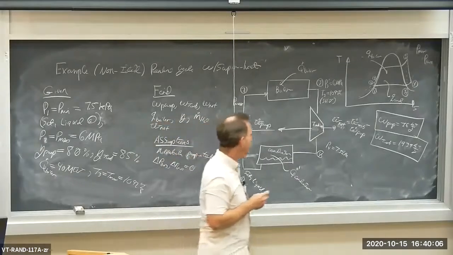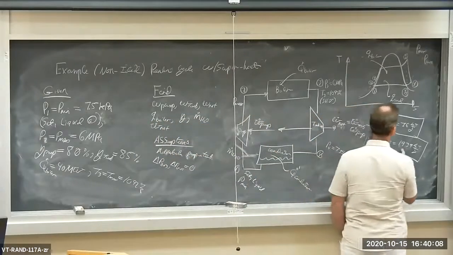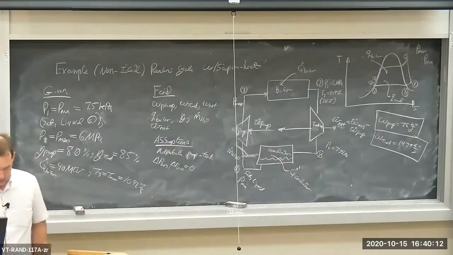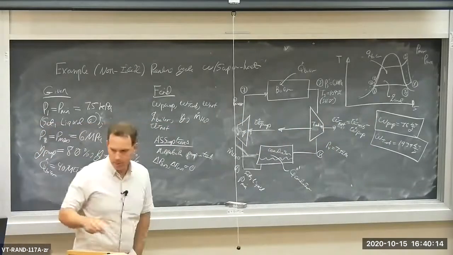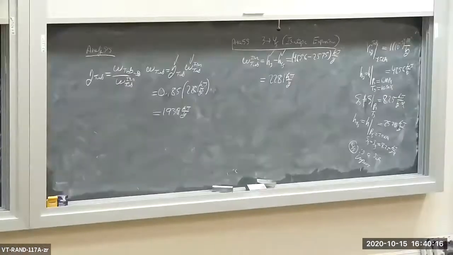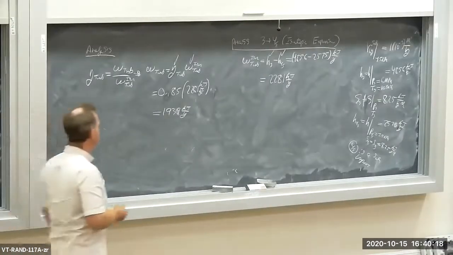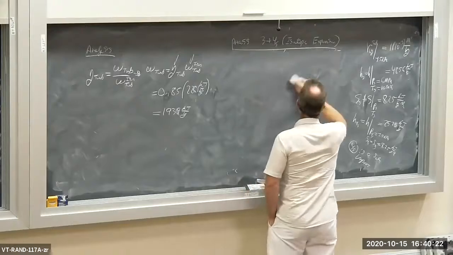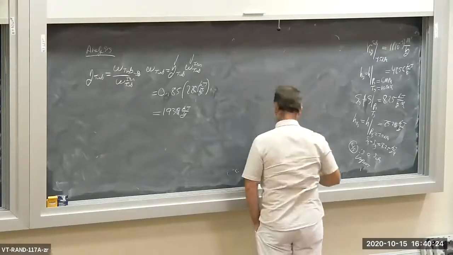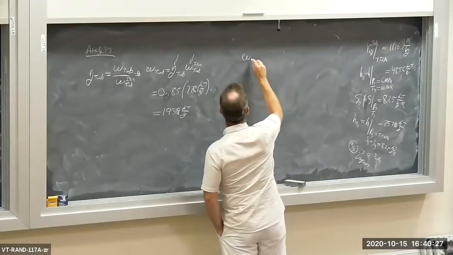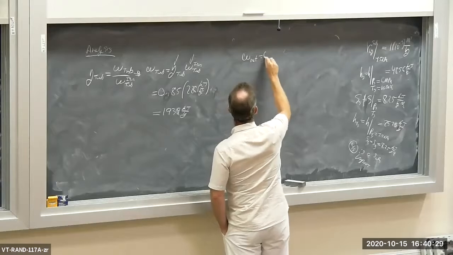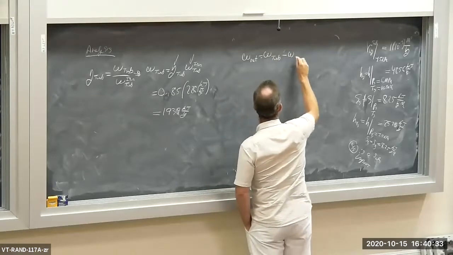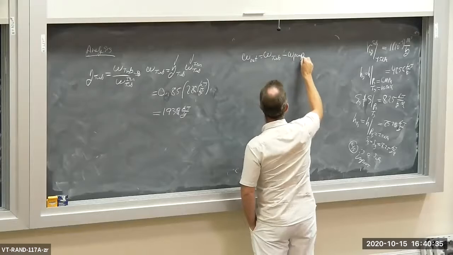You have to drive the pump, so I need to subtract about 7.6 from the 1939. W net is equal to the specific work of the turbine minus the specific work of the pump.